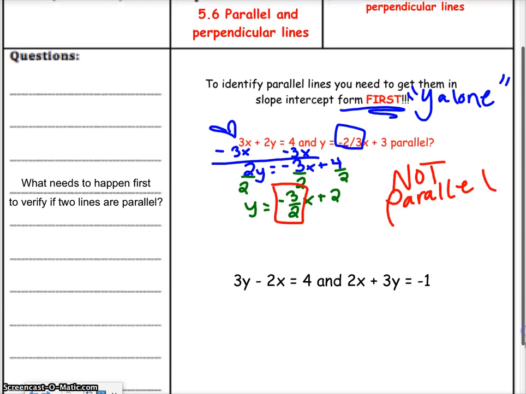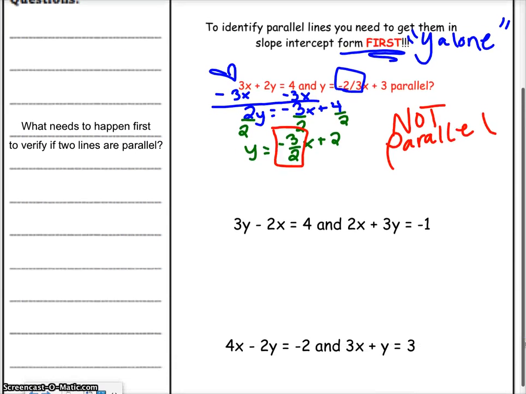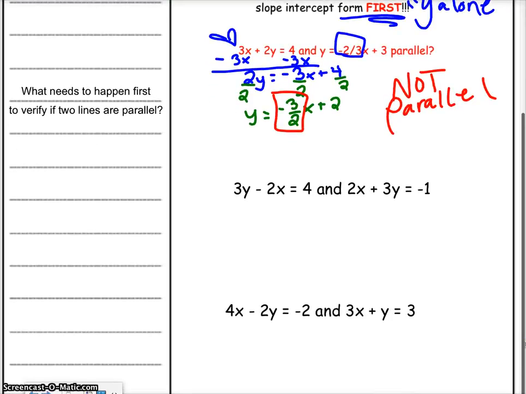How about these next two lines? Are they parallel? Is y alone on any of them? No. So what I typically did when I was doing this, I'm like, okay, I'm going to have to get y alone on both. And then compare slope. So I'm going to add 2x. 3y equals 2x plus 4.